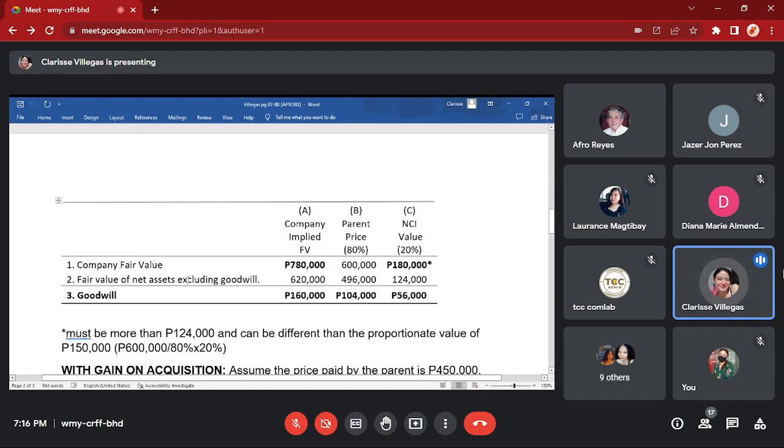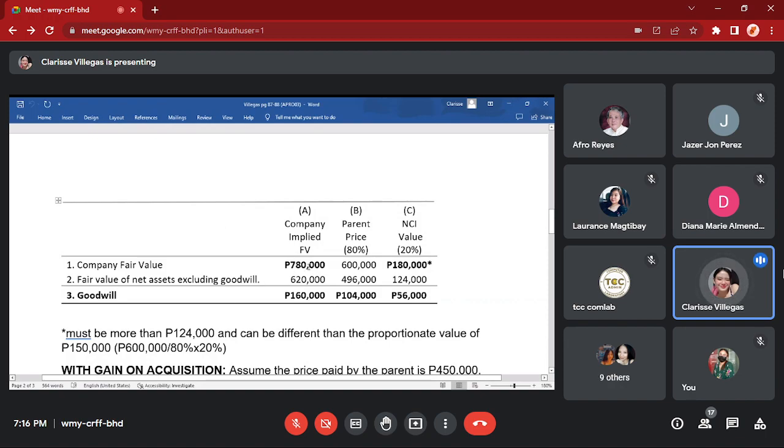Fair value of net assets excluding goodwill, company implied fair value A 620,000, B parent price 80% 496,000, and NCI value 20% 124,000.